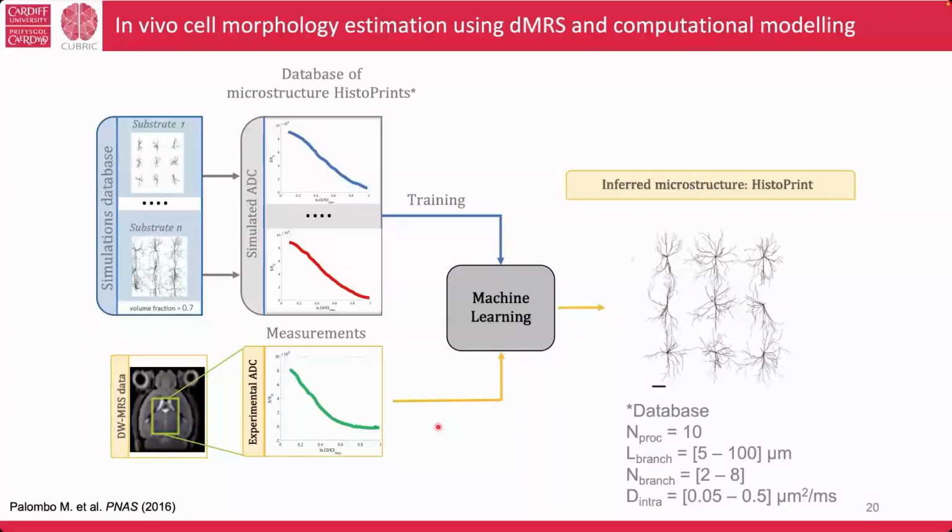So initially, almost 10 years ago, we proposed one of the first applications in MRI, where we used a three-dimensional graph to represent the neurons.